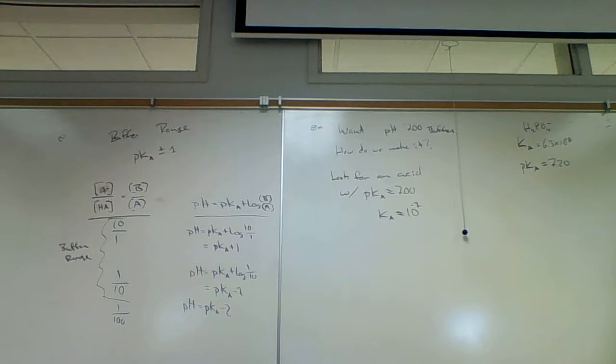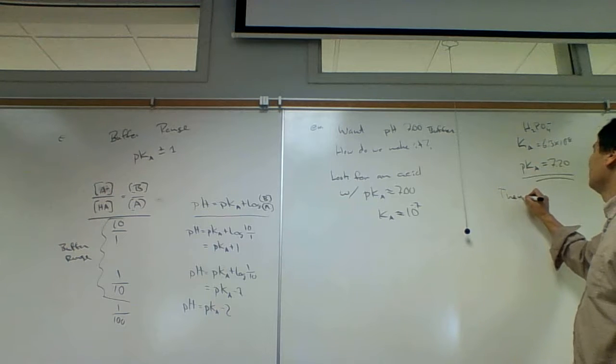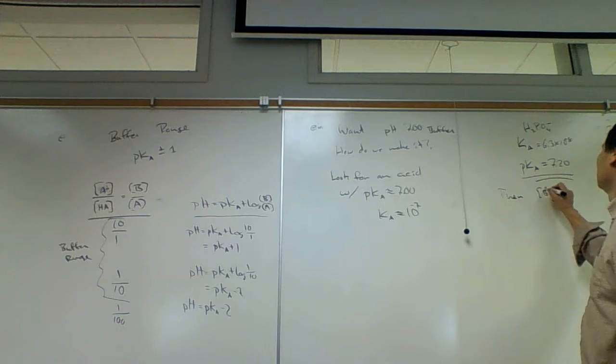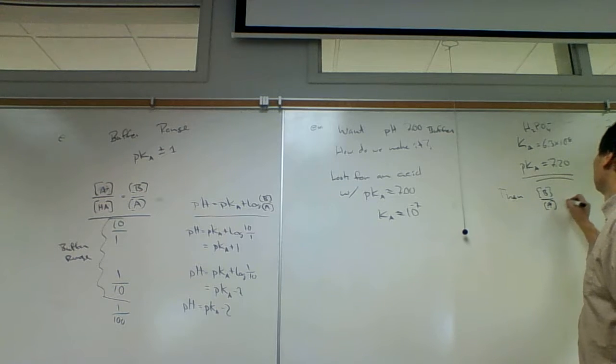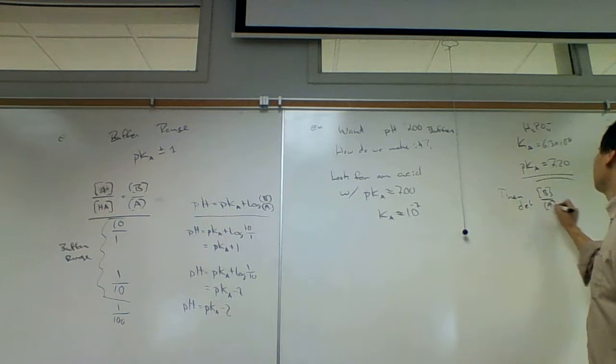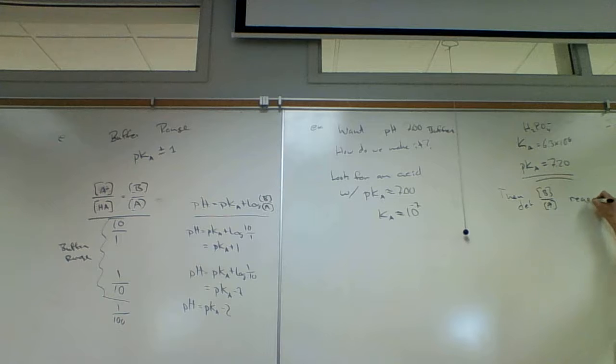Okay, so first we looked for an acid with a pKa close to 7, and we found one. Then we're going to determine the base to acid ratio required. What we'll do is just use the Henderson-Hasselbalch equation.